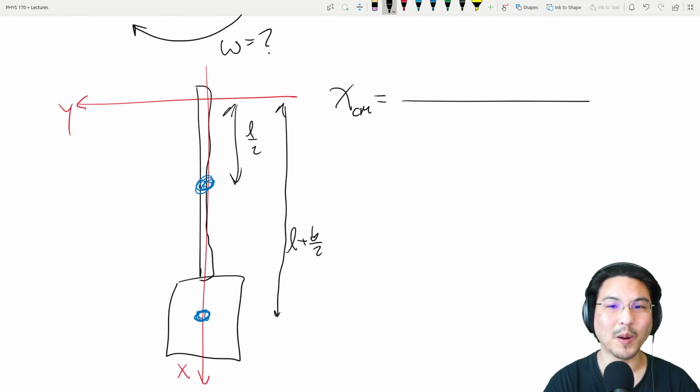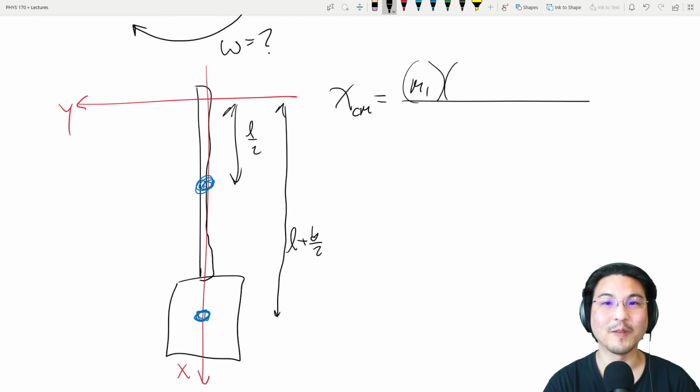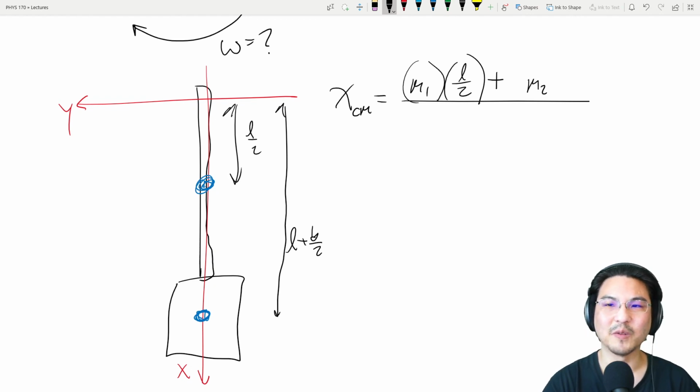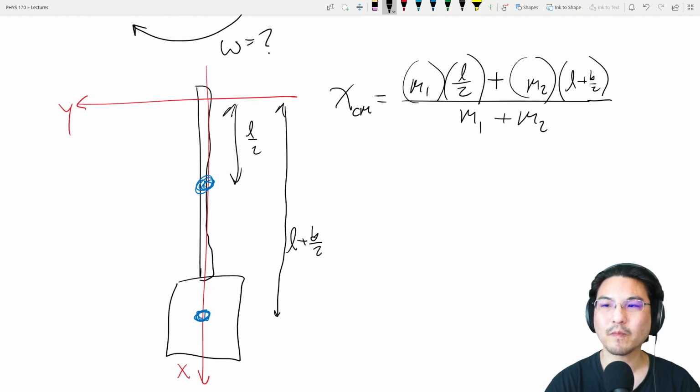It's a mass-weighted mean position. So it's the mass of the bar, M1, times the location of the center of mass of the bar, L over 2, plus the mass of the slab, M2, times the location of the center of mass of the slab, L plus B over 2, divided by the mass of the bar plus the mass of the slab.